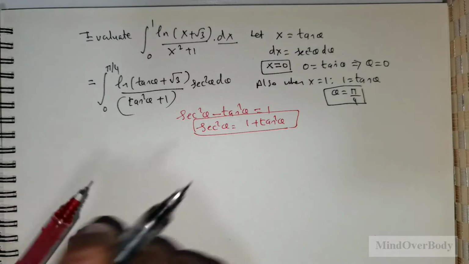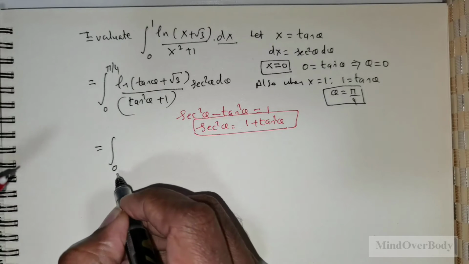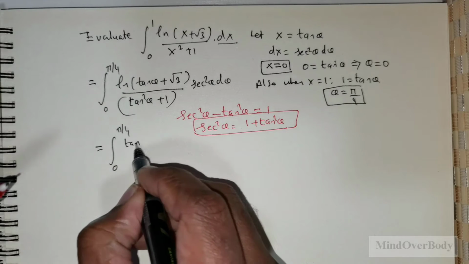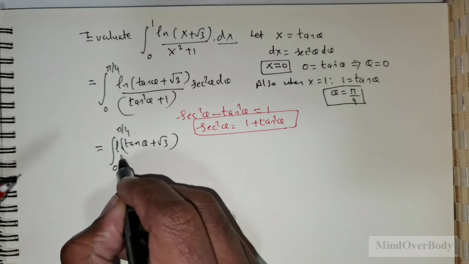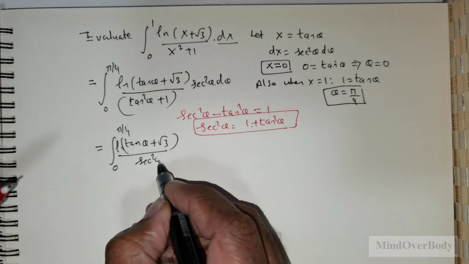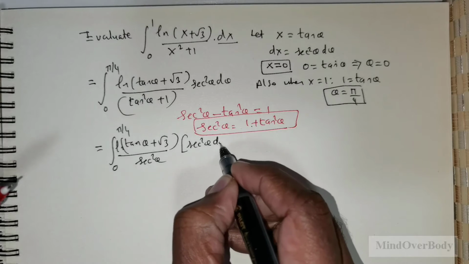So if I use this formula, this is going to be equal to the integral from 0 to pi over 4 of ln of (tan theta plus root 3) divided by (1 plus tan squared theta, which is secant squared theta), multiplied by secant squared theta d theta.